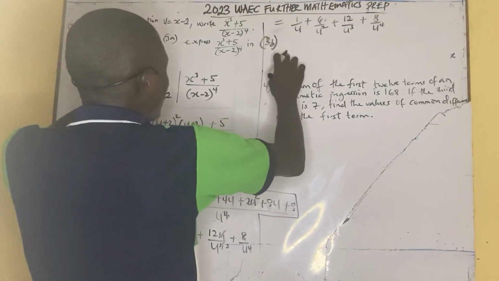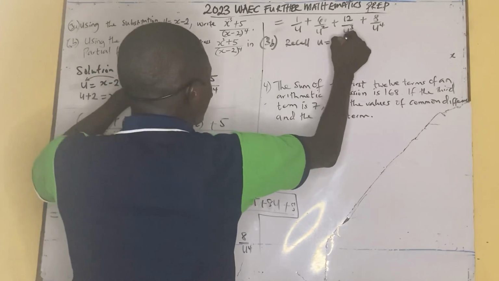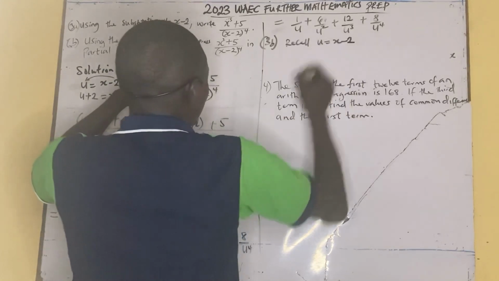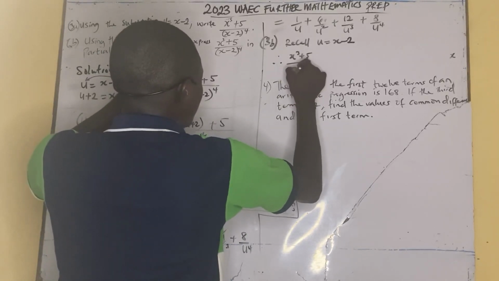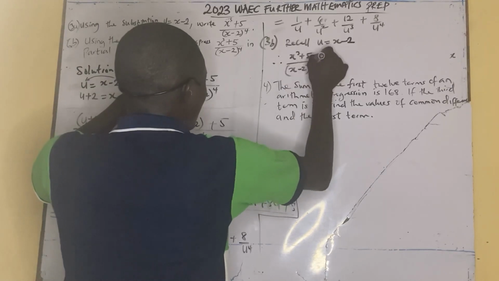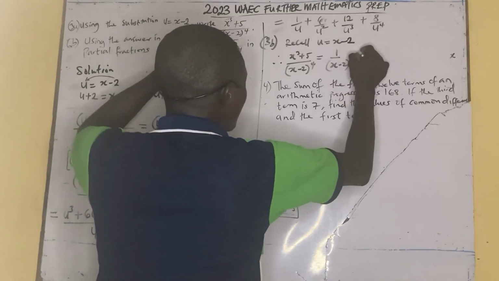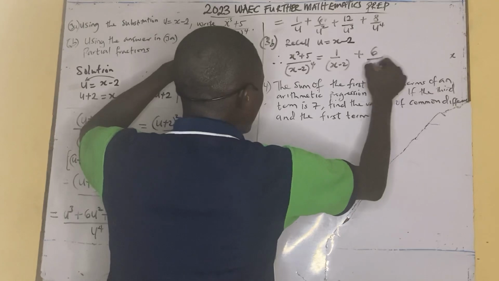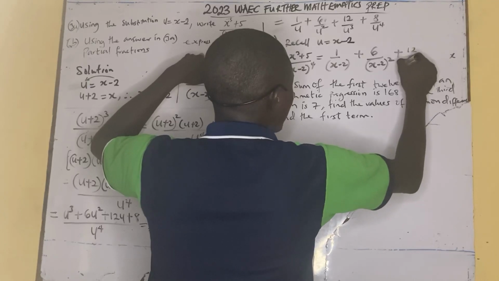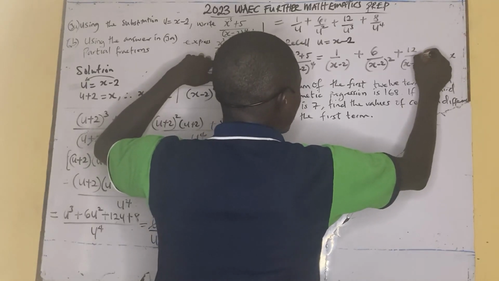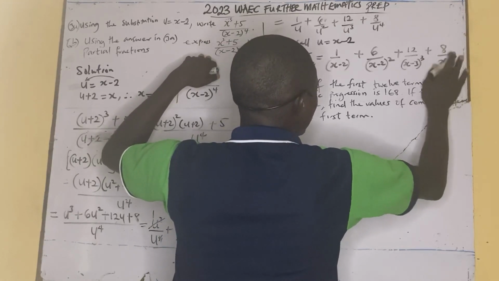So to express it in partial fraction, you say recall that u is equal to x minus 2. Therefore, x raised to power 3 plus 5 all over x minus 2 raised to power 4 will now be equal to 1 over x minus 2, for the first one, plus 6 all over x minus 2 all squared, plus 12 all over x minus 2 all raised to power 3, plus 8 all over x minus 2 raised to power 4.